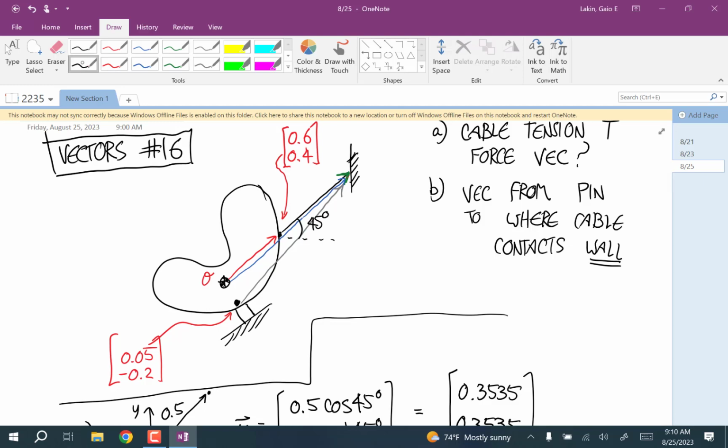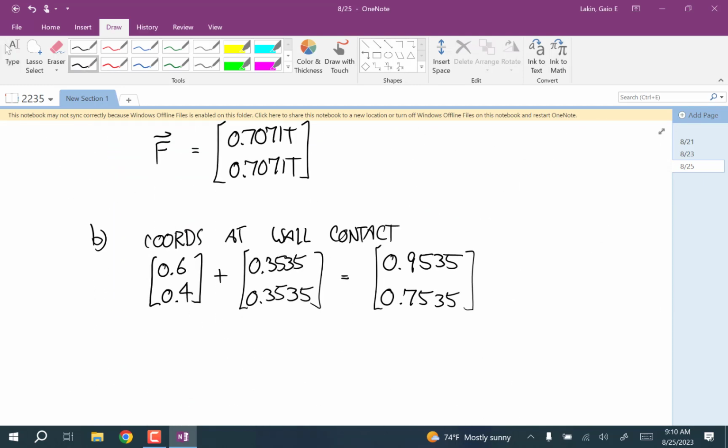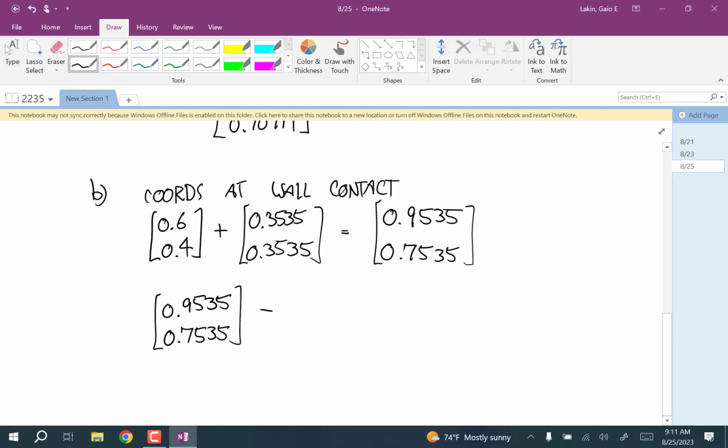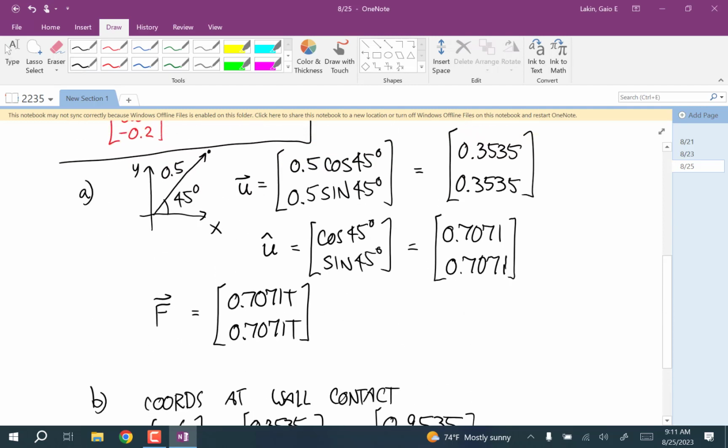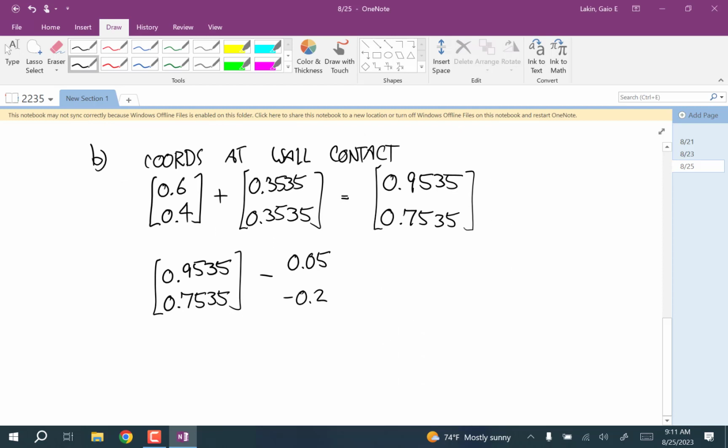And so to do that, we're going to just go the destination point minus the starting point, and you get 0.9035 and then 0.9535. And that's the gray vector.